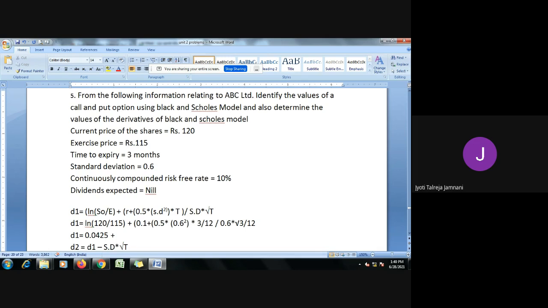So 0.6 into 0.6 is 0.36 into 0.5, plus 0.1 into 3 divided by 12. We get it as 0.07.